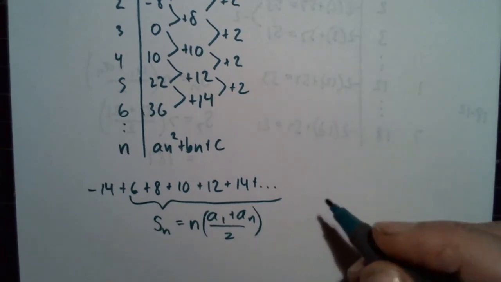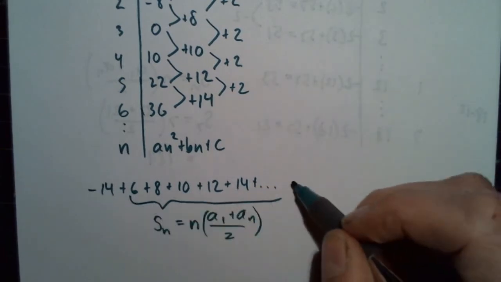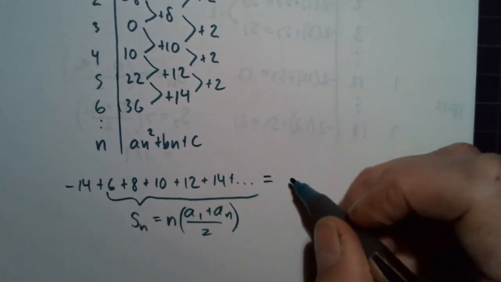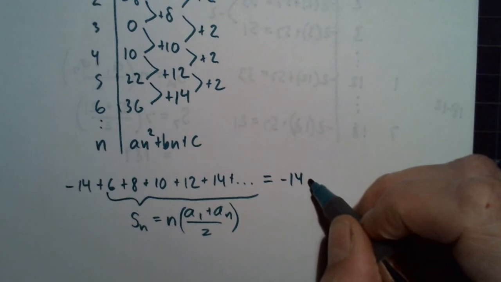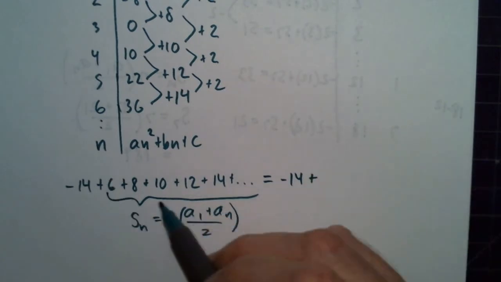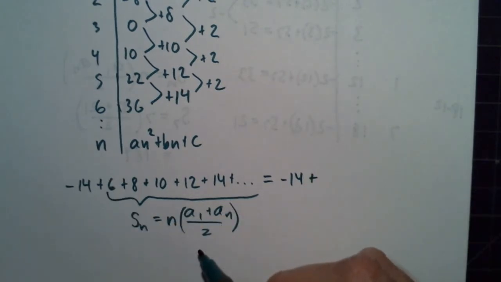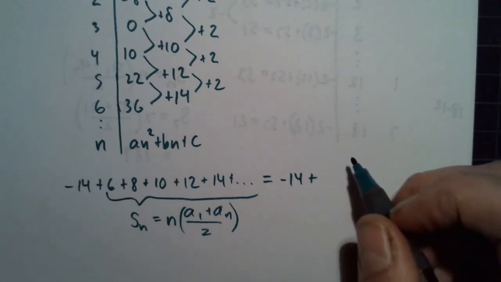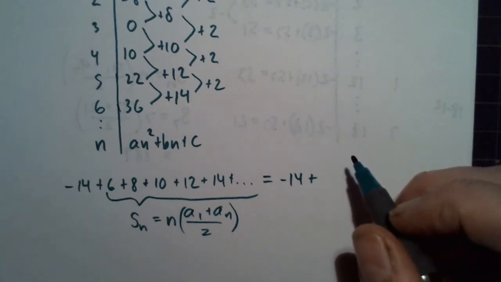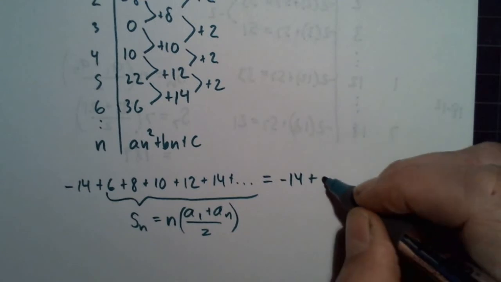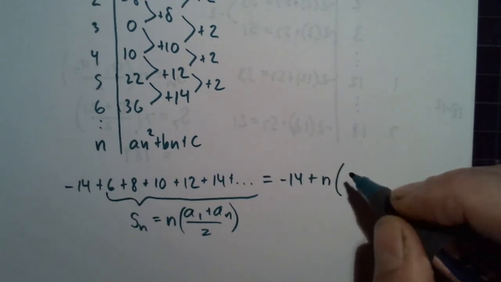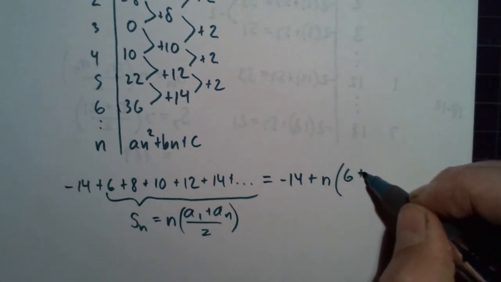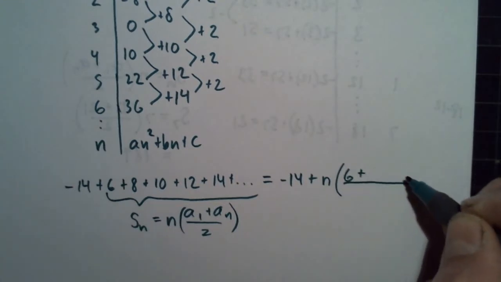And we could say that this series is equal to negative 14 plus this part, which is right here. And then we can say it's going to be n times the first term, which is 6, plus the nth term.